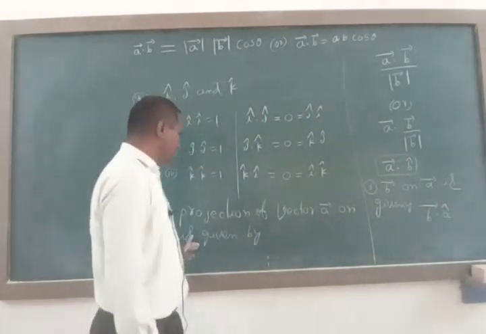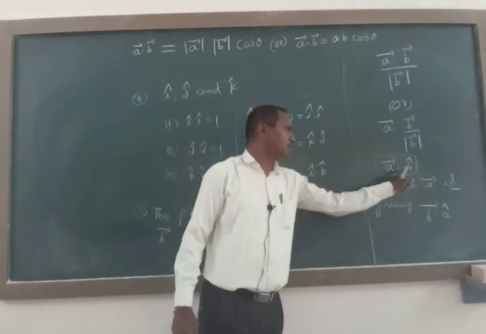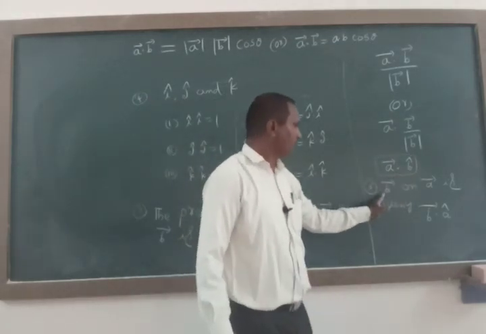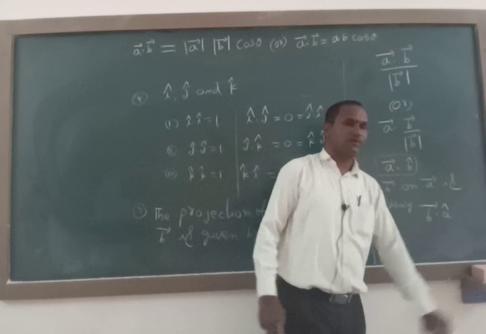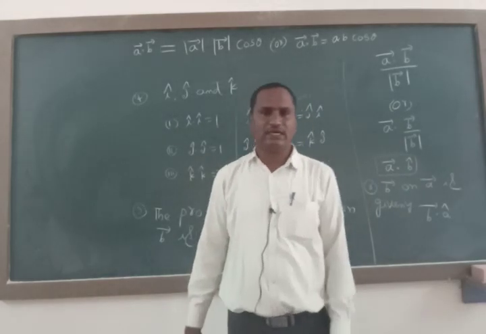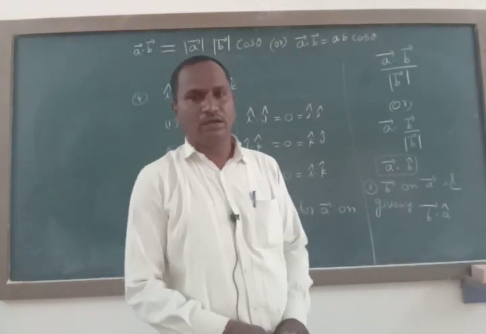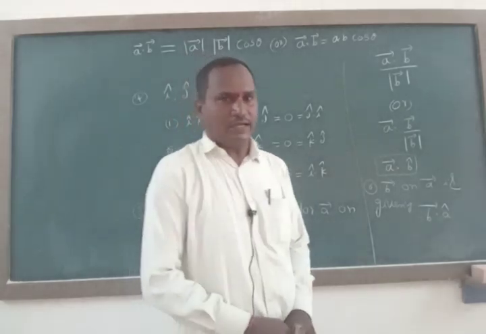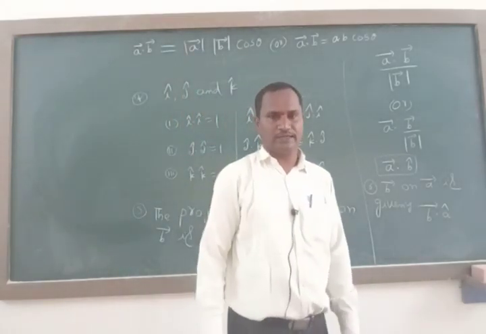The projection of A bar on B bar is A bar dot B cap. The projection of B bar on A bar is B bar dot A cap, where A cap is the unit vector along the direction of the vector A bar.